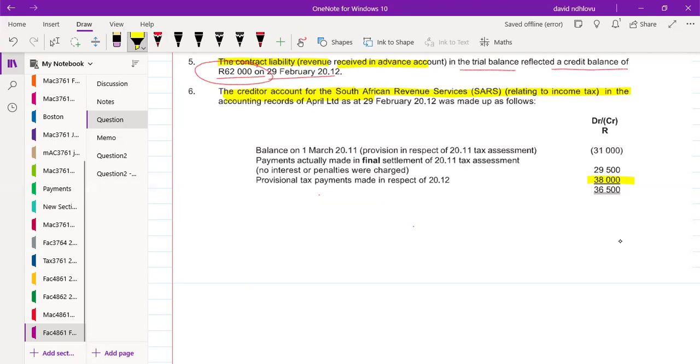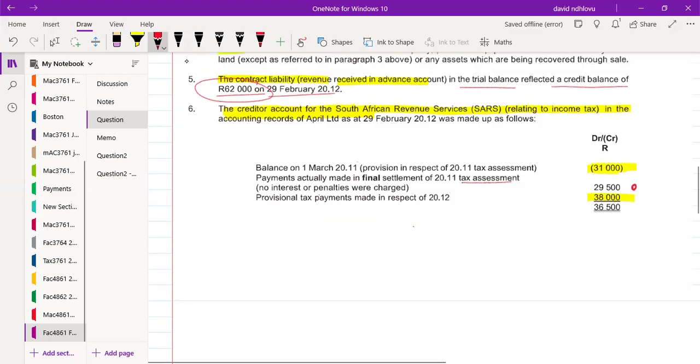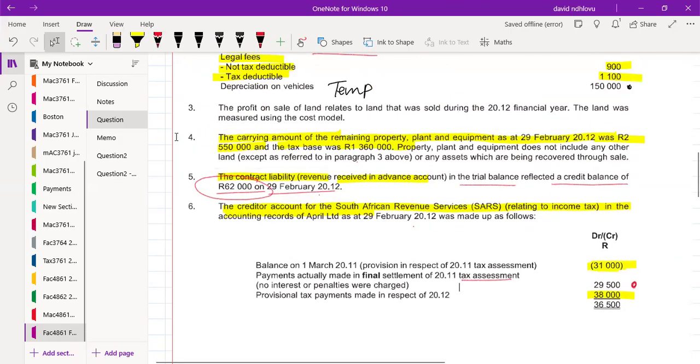So, at the end of the year, before SARS does the checking of the books and gives us what is called our assessment, we had already made a provision in our books of 31. But we then waited for SARS to give us our assessment. When they gave our assessment, they said you owe 29,500, and we did not dispute that.